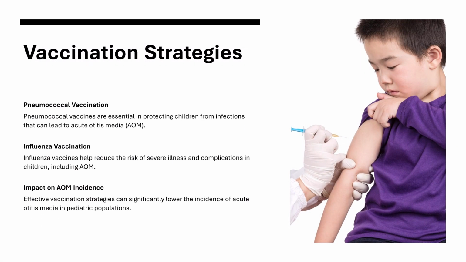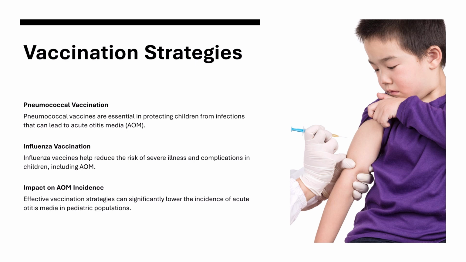Prevention and public health considerations. Regarding vaccination strategies, it is important for families to vaccinate their children, for example pneumococcal vaccination and influenza vaccination, and they should know the impact on acute otitis media incidence.